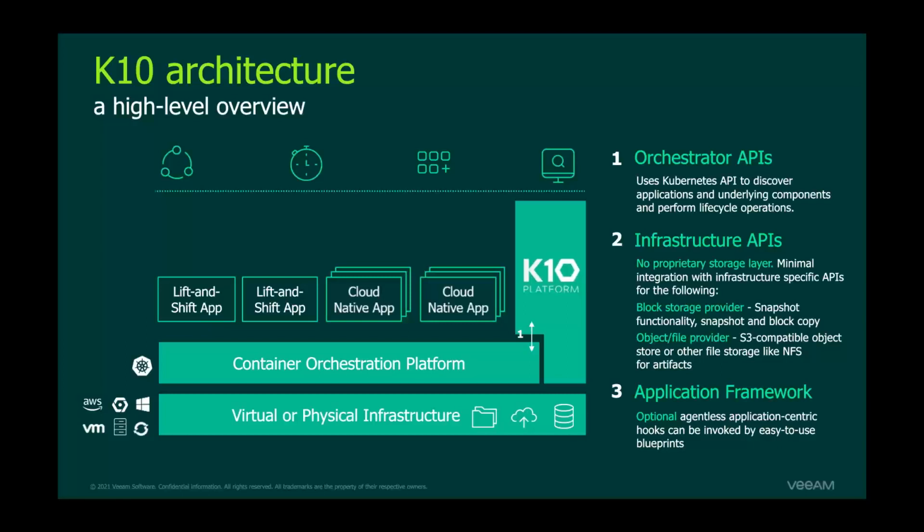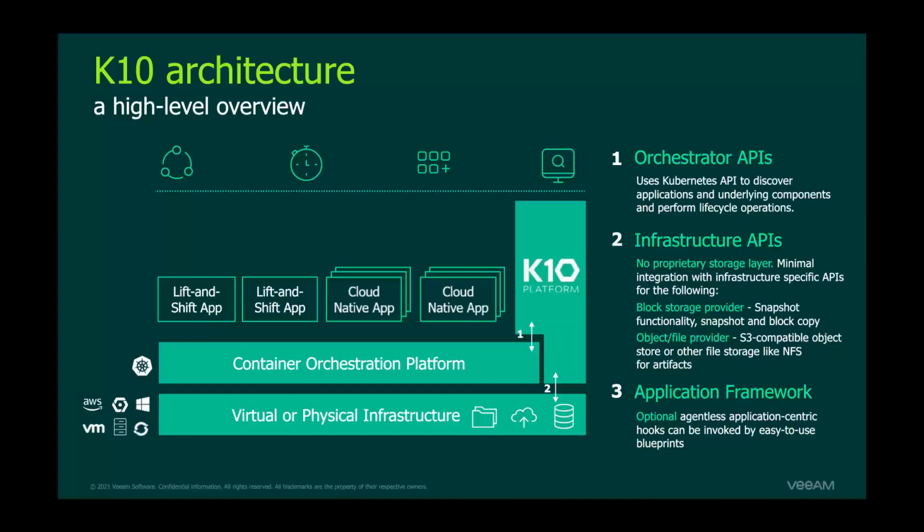But then secondly, Kubernetes is running on top of some infrastructure, and we need to interact with this infrastructure also. This infrastructure is mostly based on the storage layer. We are able to interact with any storage layer with different levels of integration. The first one is what we call the direct integration.